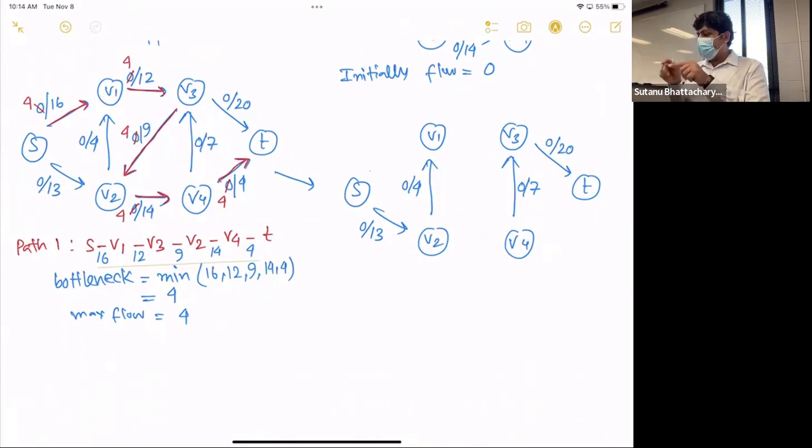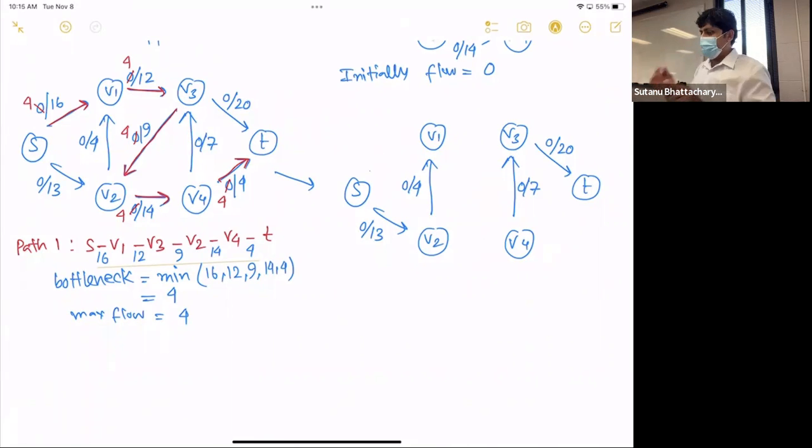And what is the remaining capacity of that edge, S to V1? 12. So in the residual graph, we need to track 2 things. What is the remaining capacity that I can utilize in future? And second, I have already used 4 out of 16. If that is a bad move, I should be able to undo the process, right? So 2 things, remaining capacity and whatever I am currently using, I should be able to backtrack or undo.